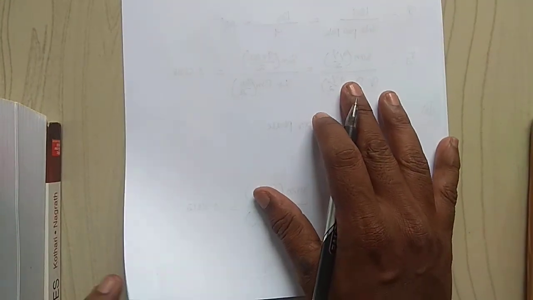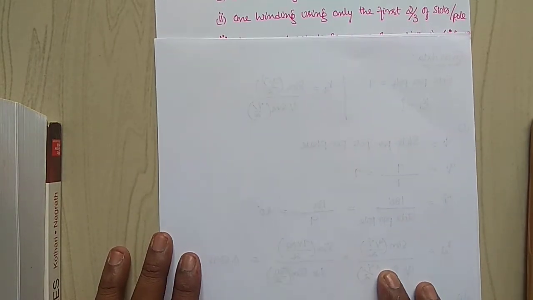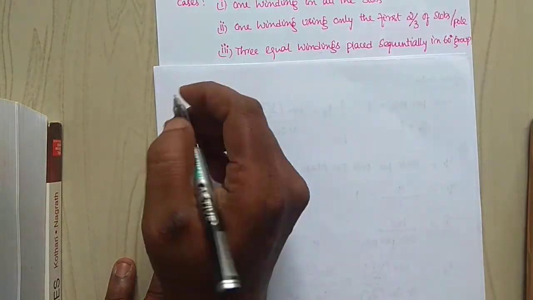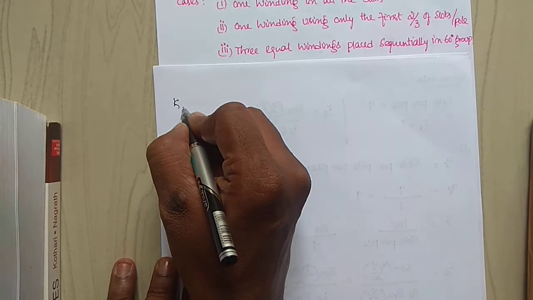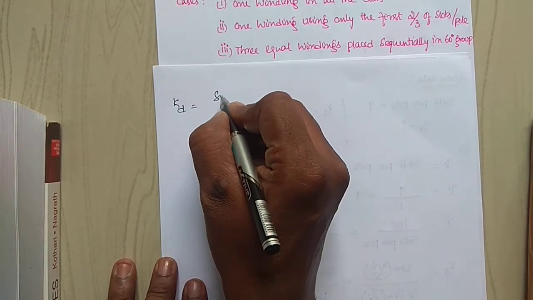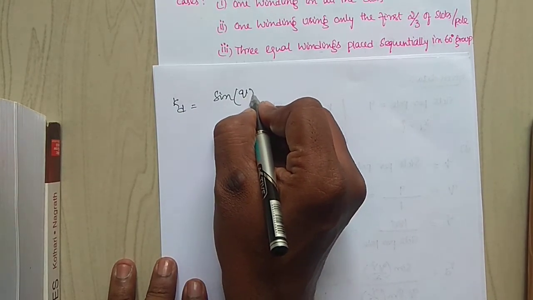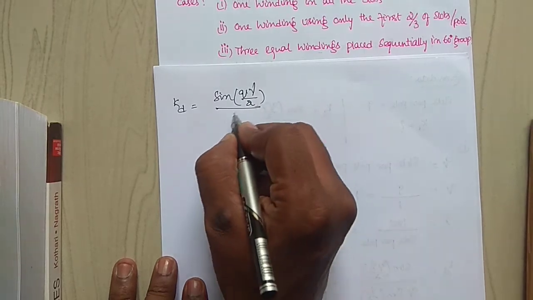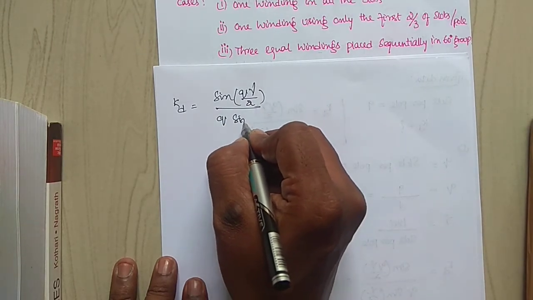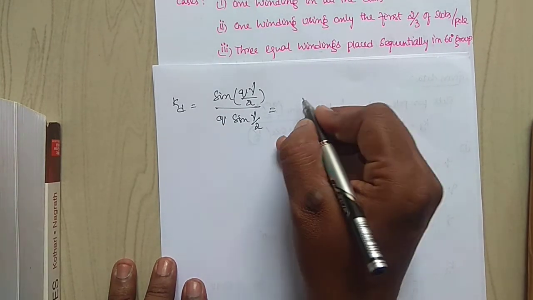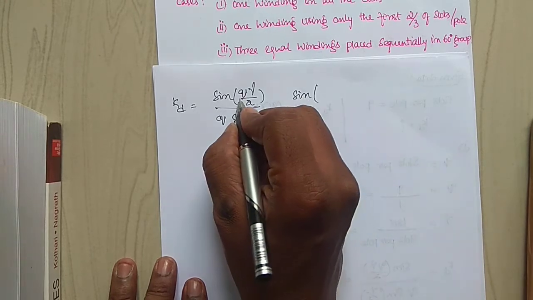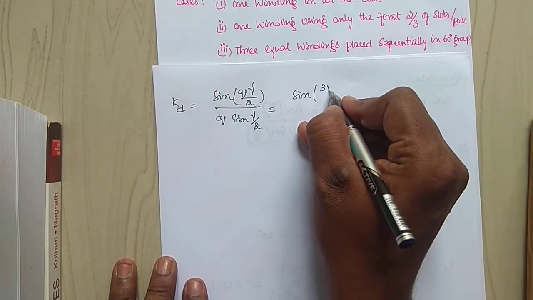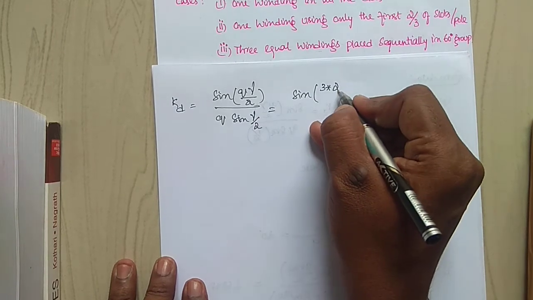So now substitute that Q value and gamma value in the KD formula. What is the KD formula? Sine of Q gamma by 2 divided by Q sine gamma by 2. Sine of the new Q value 3 into the gamma value 20.